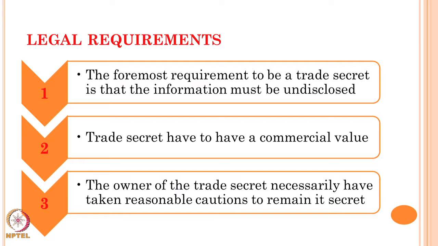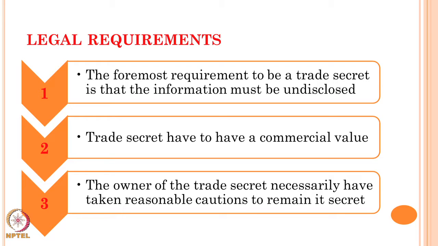Compared to patent, copyright and trademark, in all these three cases we have to disclose the intellectual property. In patent, we first have to disclose the information before the patent office will award the patent. You have to properly disclose what you have done and how you have done it.